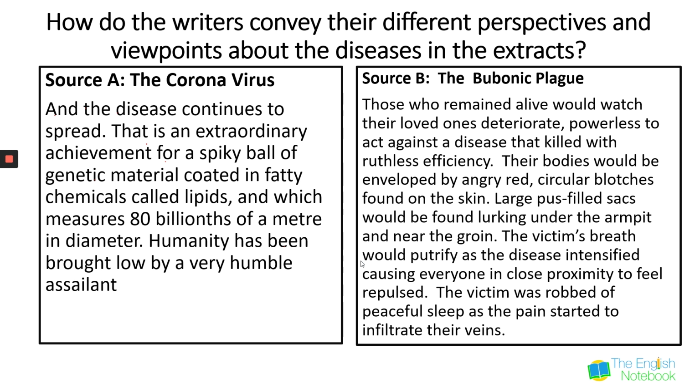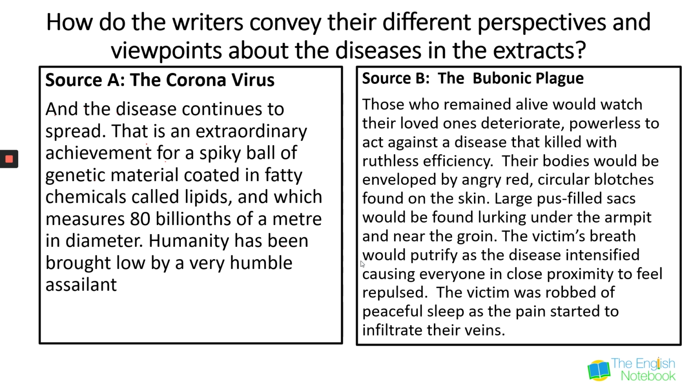Large pus-filled sacs would be found lurking under the armpit and near the groin. The victim's breath would putrefy as the disease intensified, causing everyone in close proximity to feel repulsed. The victim was robbed of a peaceful sleep as the pain started to infiltrate their veins.